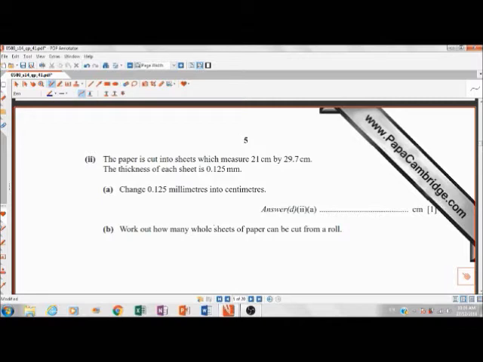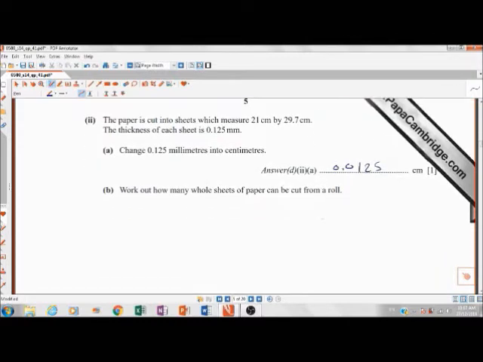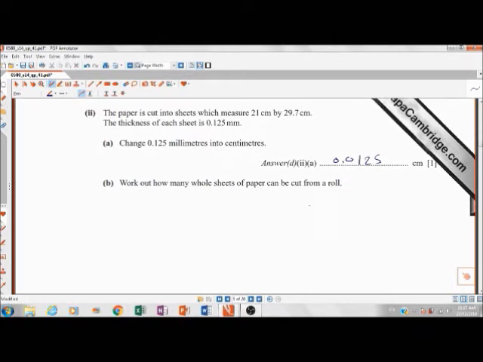So the paper is cut into sheets which measure 21 centimeter by 29.7 centimeter. The thickness of each sheet is 0.125 millimeters. Change, okay, easy, just divide by 10. Work out how many whole sheets of paper can be cut from a roll.